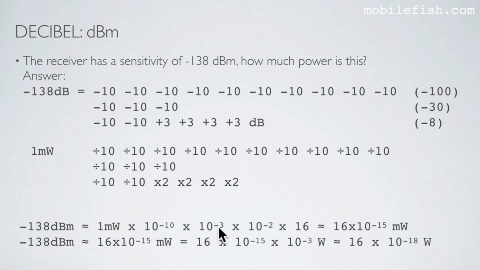Times 10 to the power of minus 3. 1, 2. Times 10 to the power of minus 2. 2, 4, 8, 16. Times 16. Minus 10, minus 3, minus 2. That is minus 15. So minus 138 dBm is approximately 16 times 10 to the power of minus 15 milliwatts.